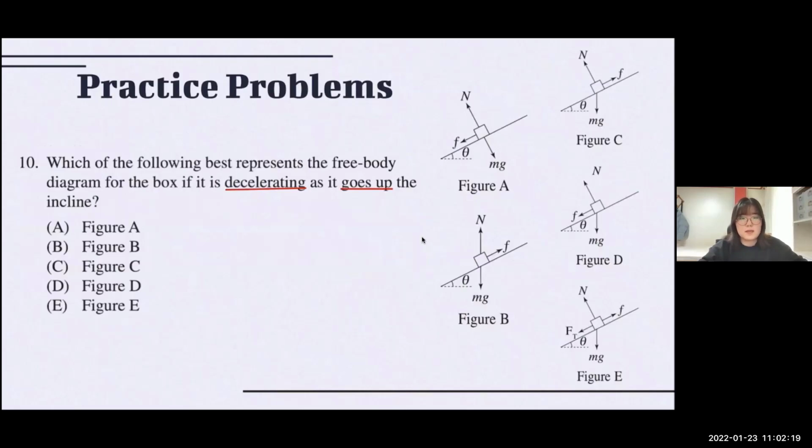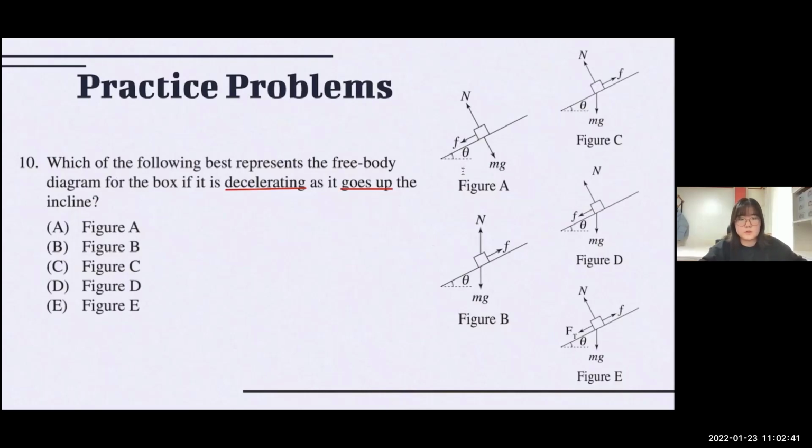Since the box is decelerating as it goes up the incline, there should be a frictional force acting that is parallel to the surface, opposite to the box's motion. A cannot be the answer because the gravitational force has to point directly toward the center of the Earth.